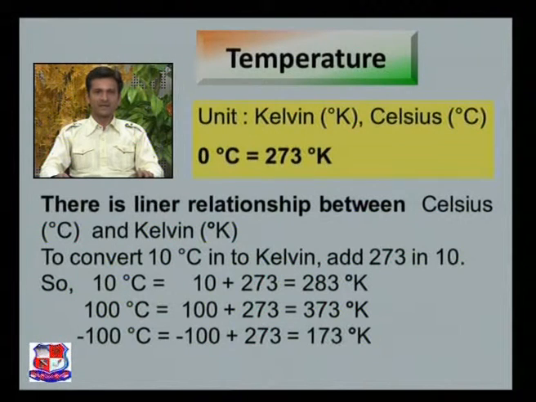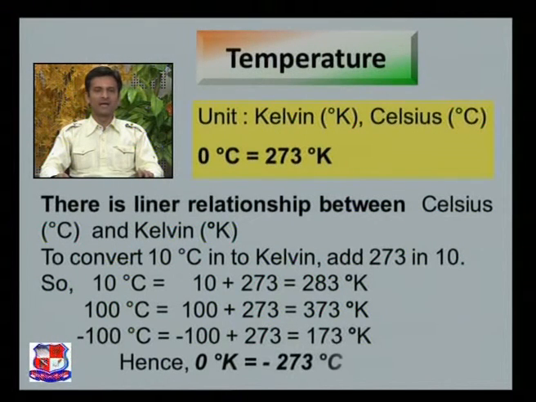Hence we can say the relationship between Kelvin and degree centigrade is 0 degree Kelvin means minus 273 degree centigrade, and this is absolute zero temperature. Practically it is not possible to achieve this temperature. It's just a theoretical temperature, that is 0 degree Kelvin.